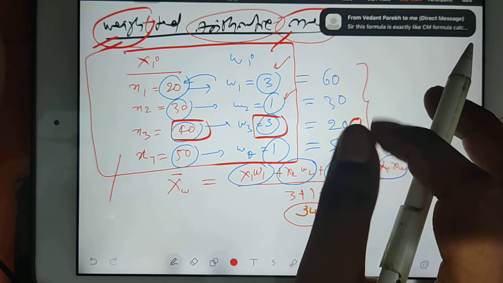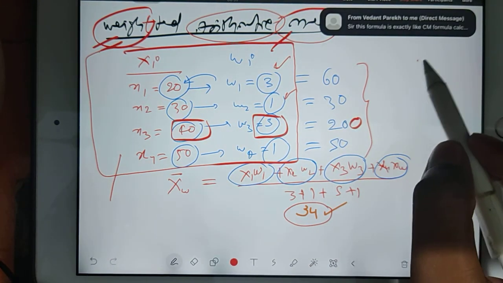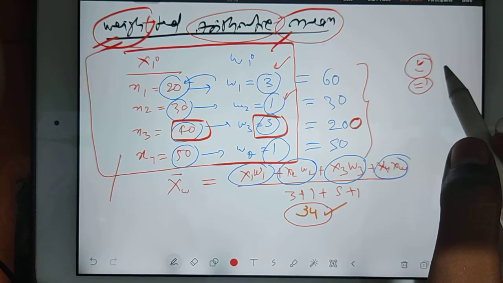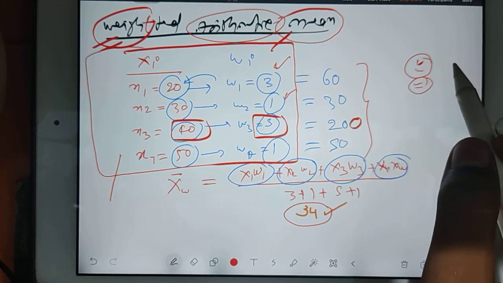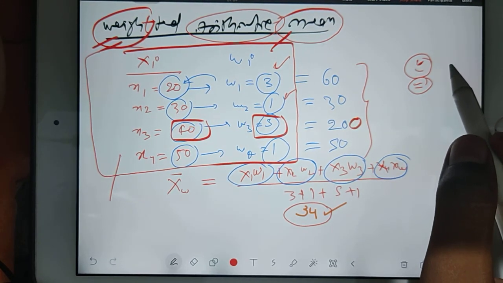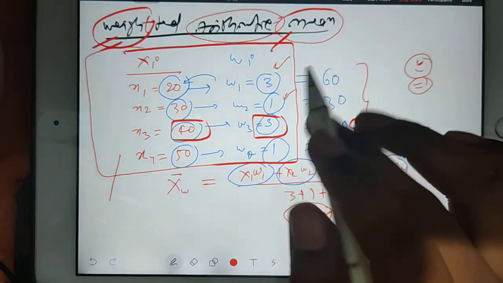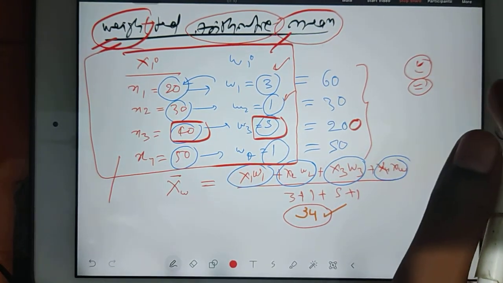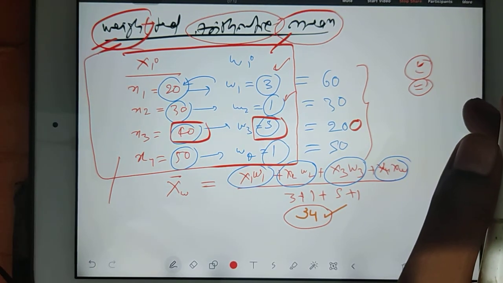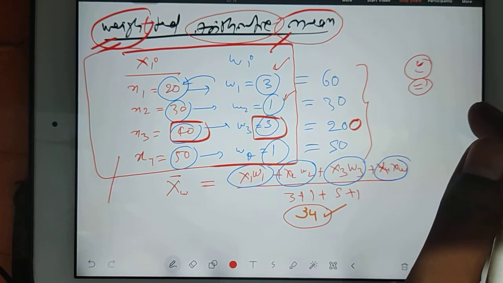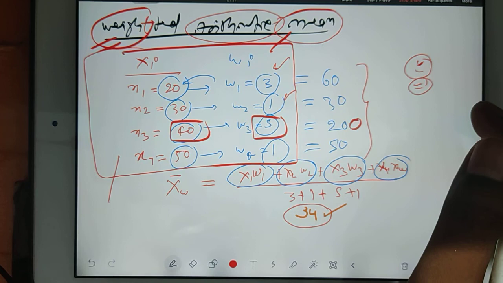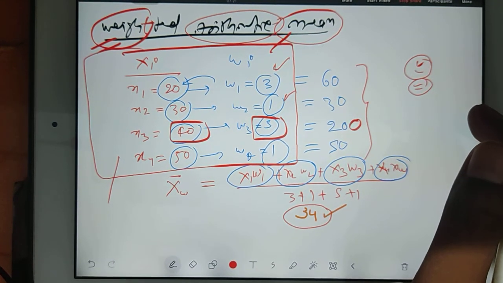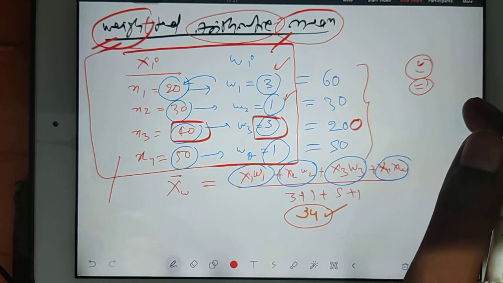Actually, if you go and study statistics, there we have a term called frequency distribution. So sometimes this weight we replace with frequency distribution. No need to go into that detail. There is more detail in this; if you study in 10th class, we calculate some more parts in this.